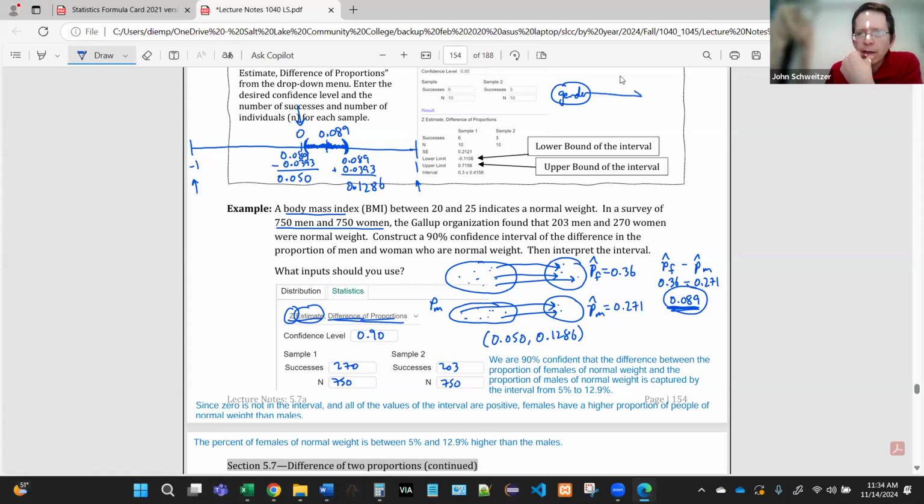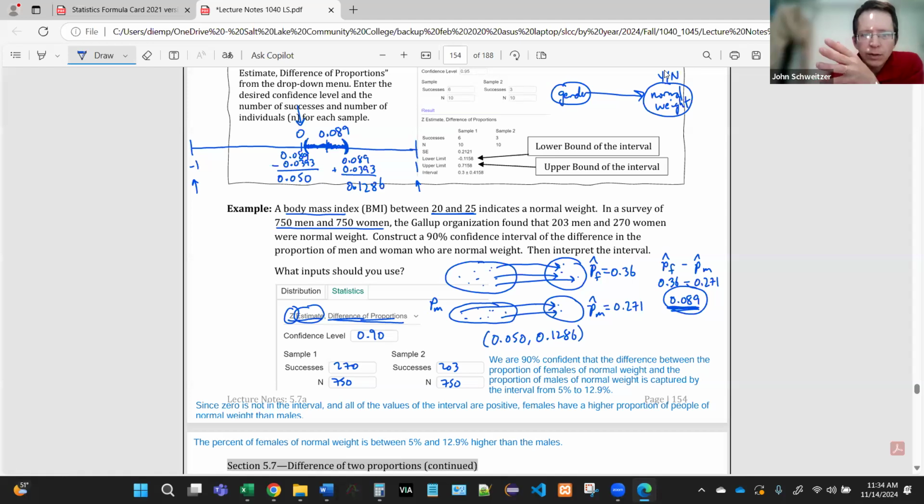And we're looking to see if that has a relationship, an association with being normal weight or not. We define normal weight as 20 to 25 for a BMI. So either you're of normal weight or not, a yes or a no. So it's also a category.